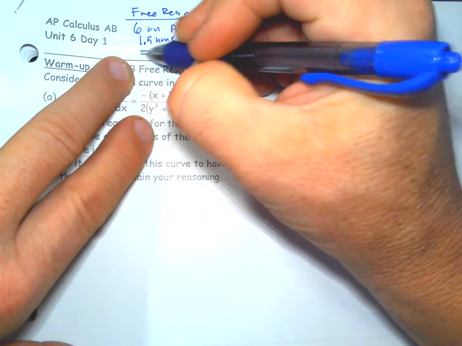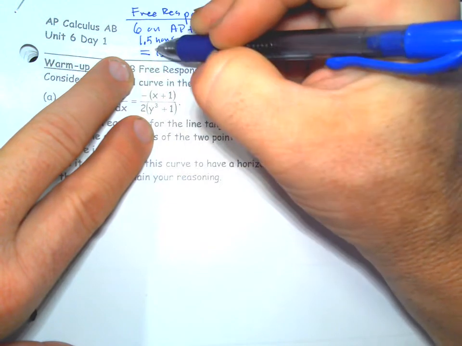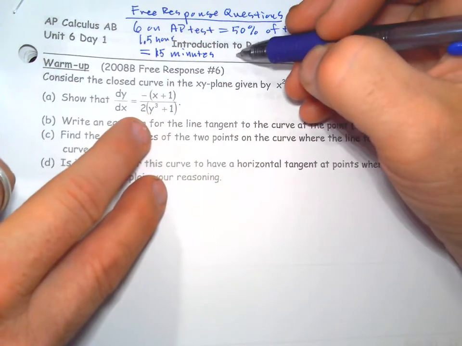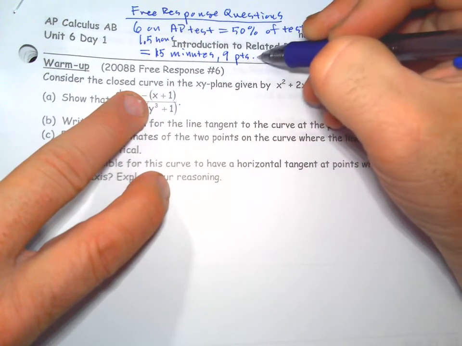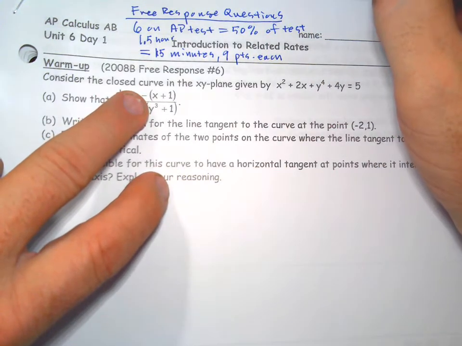6 of them would equal 15 minutes each on average. Some might take you longer, some might take you less. They're equal. They add up to 9 points each on the AP Calculus exam. Other AP tests might be worth different.